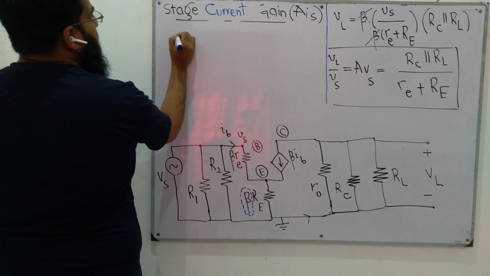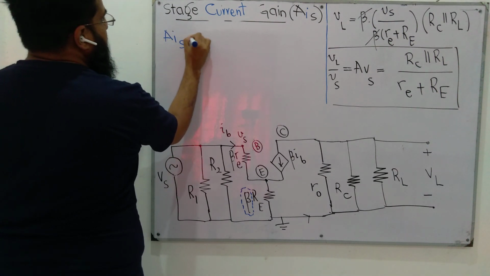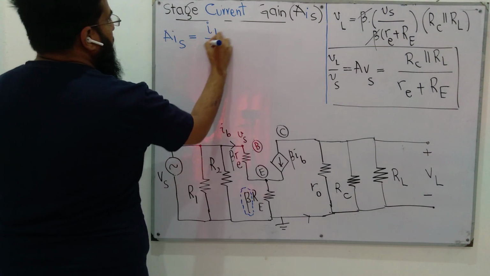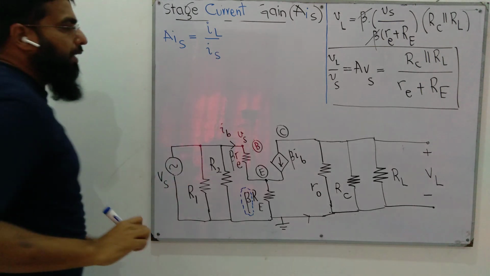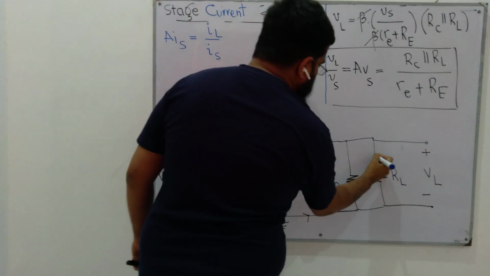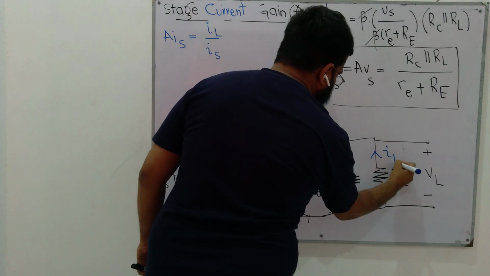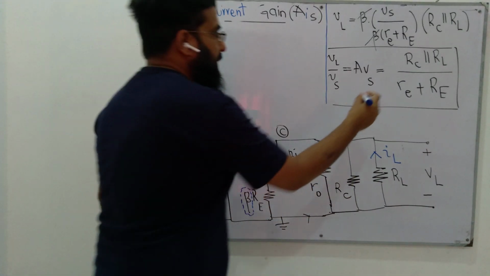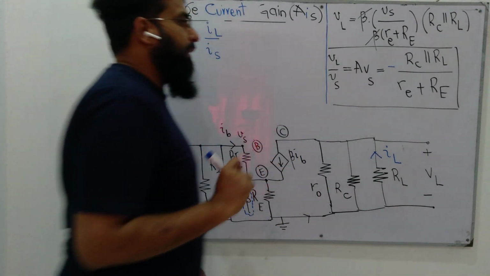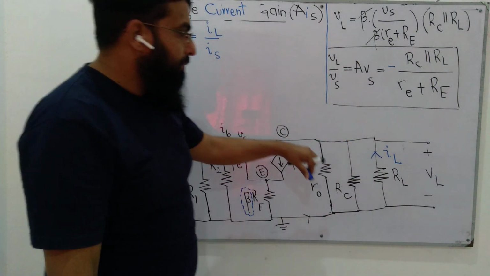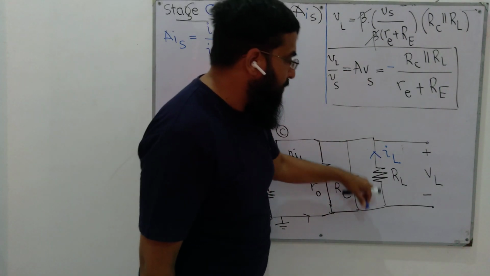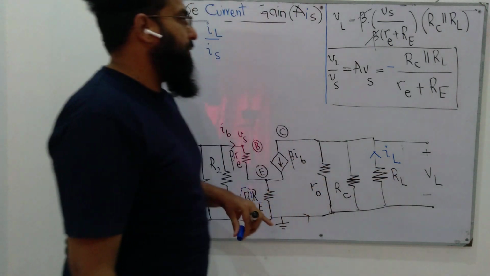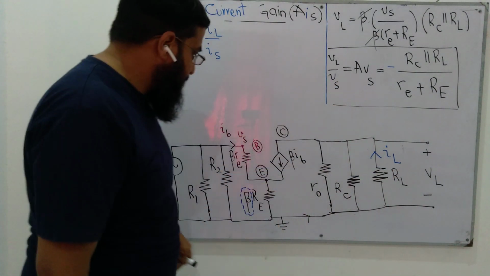Stage current gain would be AIS, the ratio between IL over IS. IL is the current that flows through the load. There is a minus sign because voltage gain is negative, because the direction of current produces a voltage that is opposite to the desired voltage. If we want, we can put a negative sign here.